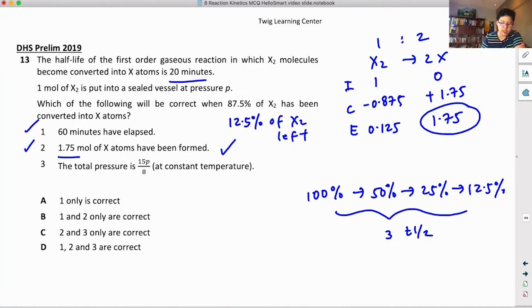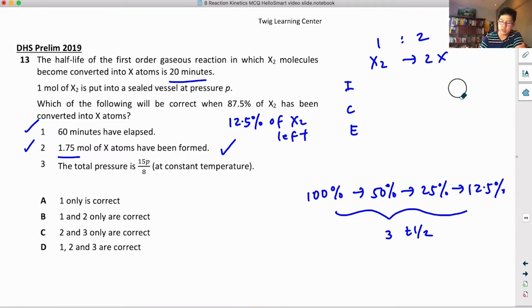The total pressure is 15P over 8. I'm just going to change it to pressure. It's actually the same thing, they just change it to pressure. So this is P, the sealed vessel pressure for 1 mole of X2, and 0.